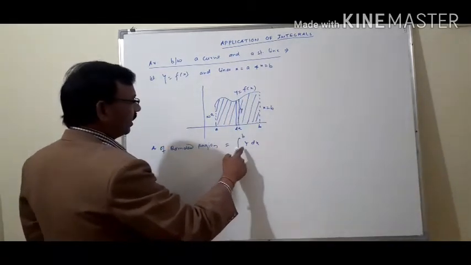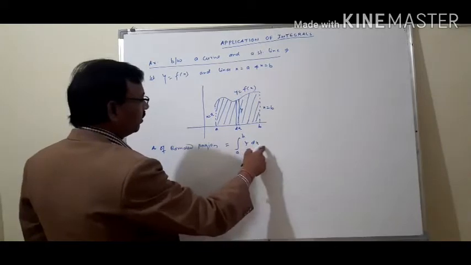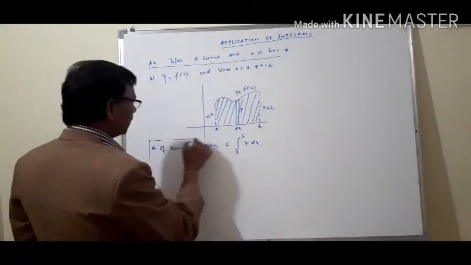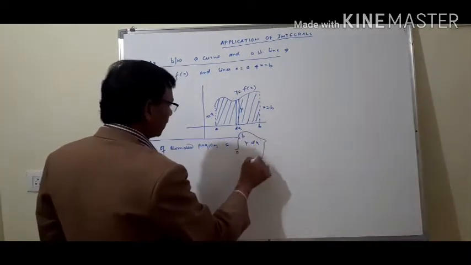So this will be the integral from a to b of y dx. This is the area under the given curve.